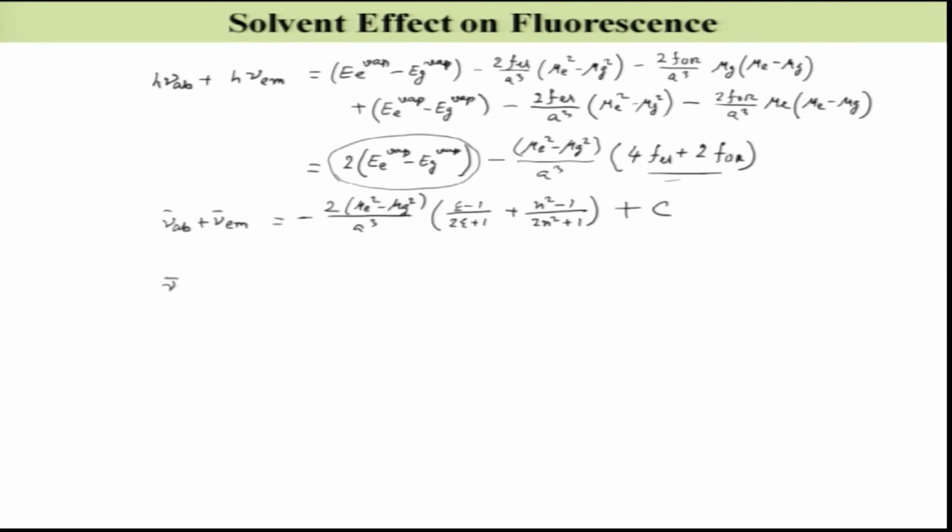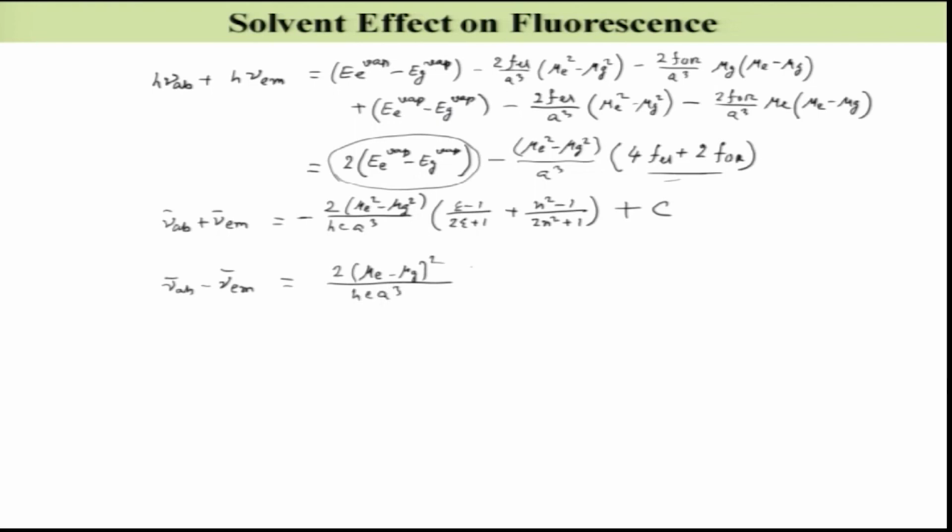That is equal to twice mu_E minus mu_g whole square by hc a cube. Oh, I missed hc.